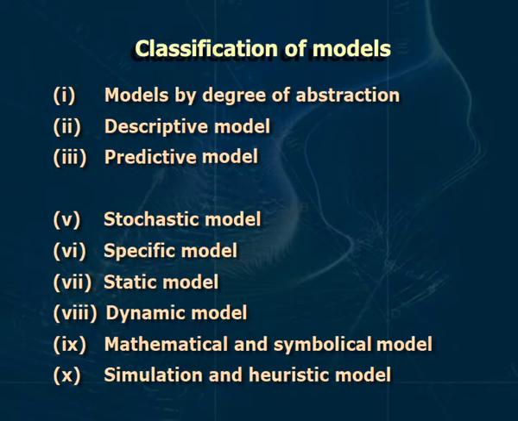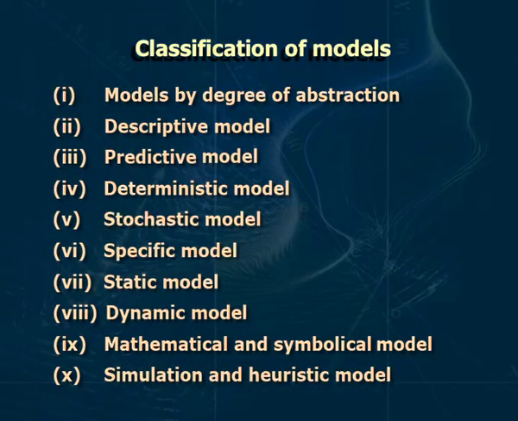Number 4, deterministic model. Such models assume conditions of complete certainty and perfect knowledge. Number 5, stochastic model. By such a model, it is possible to forecast a pattern of events based on which managerial decisions can be made. It is known as a probabilistic model also.